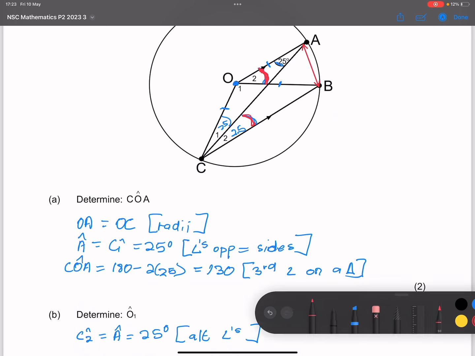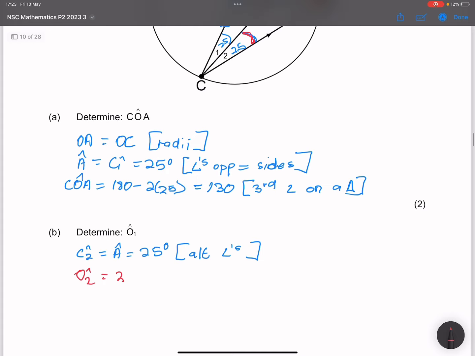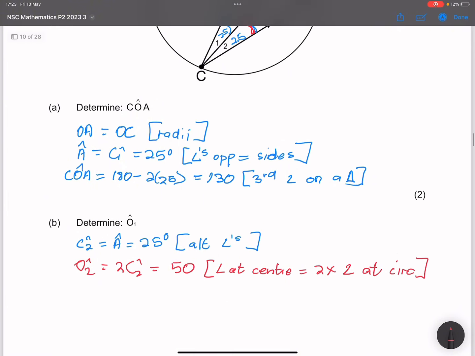So O2 would be equal to 2 times C2, which means O2 is 50 degrees, and the reason is angle at center equals 2 times angle at circumference.